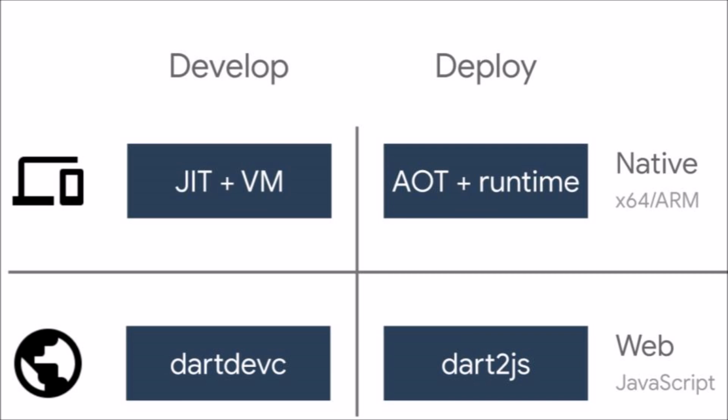Your code is compiled ahead of time to native code for native apps or to JavaScript for the web, and it is much faster than just interpreting the code with some small layer and generating some native components.